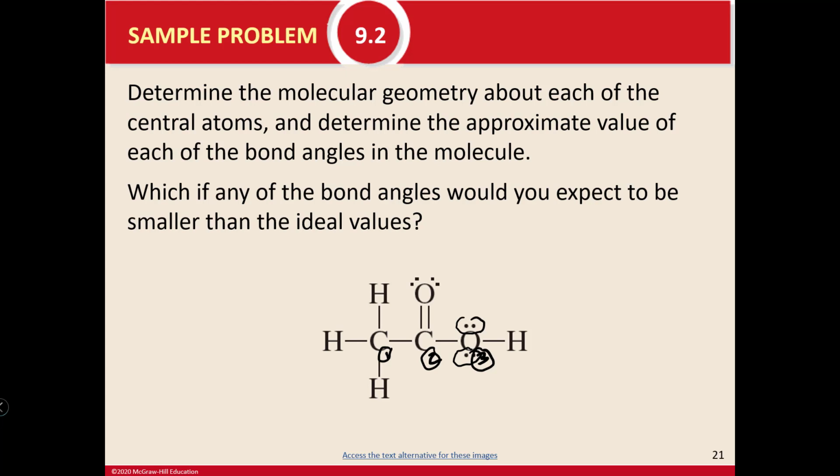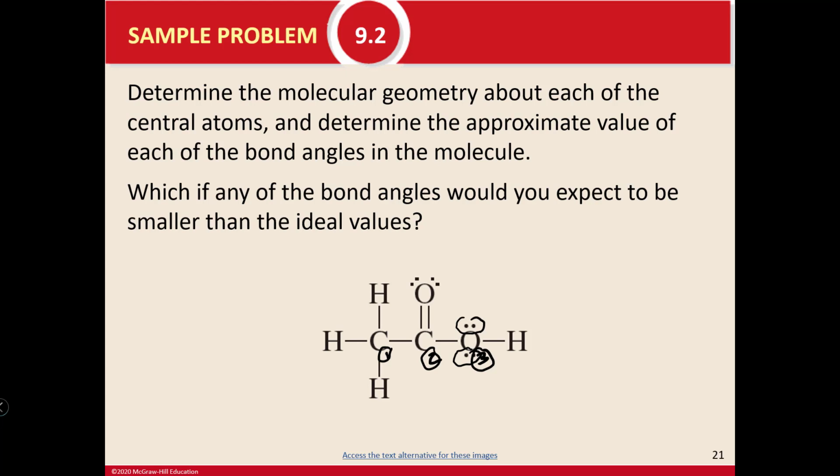Yeah. So you look at this oxygen and you go, oh, well, that's AX2E2. Non-bonding, non-bonding. That's my E2. And then the X is this one and this one. And so AX2E2, you go, oh, it's not going to have the same electron domain geometry and molecular geometry.